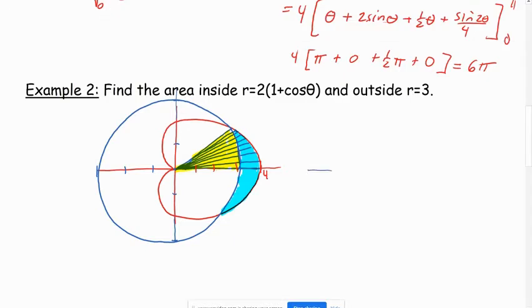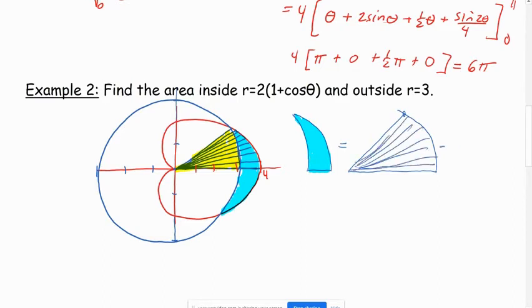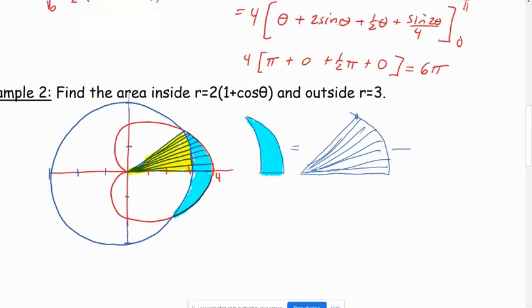So this area that we're trying to find is equal to this area minus the yellow area.